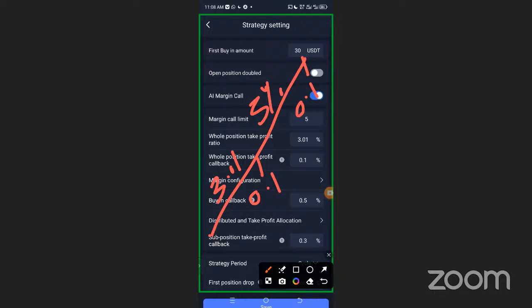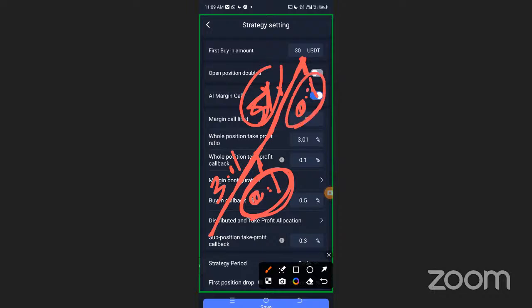Now, if the market rises by 3% to 0.1, and then it does not touch here, the market continues to go up, and it goes to 5%. When it has reached 5% here, then it retraces by 0.1 and it touches this line of 0.1.